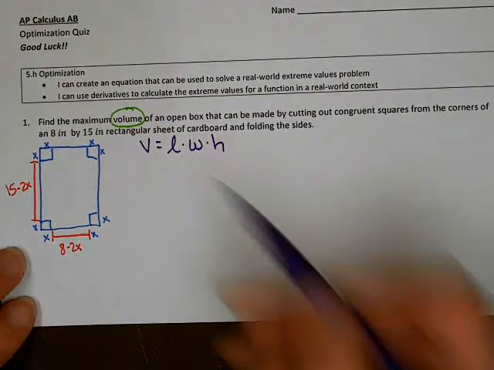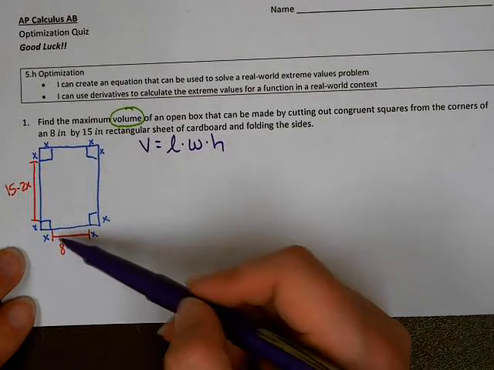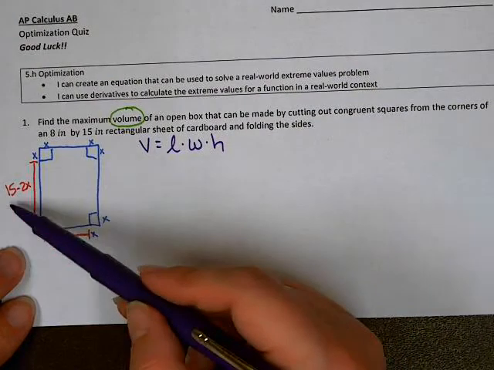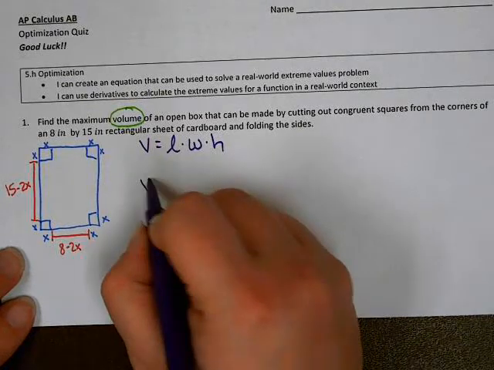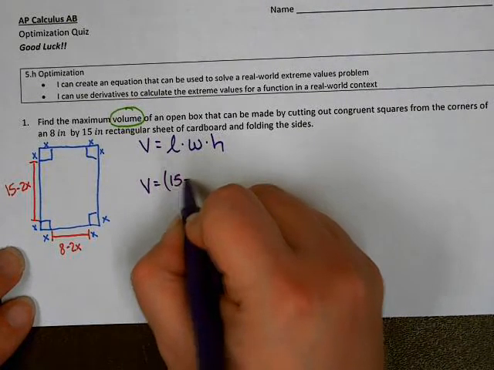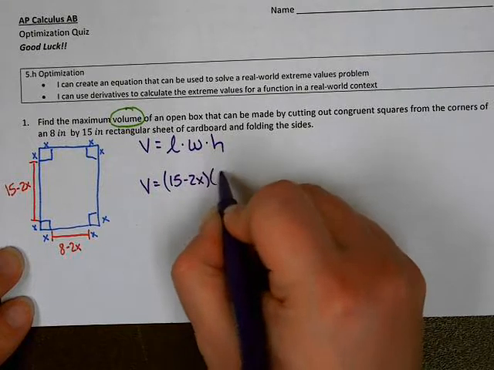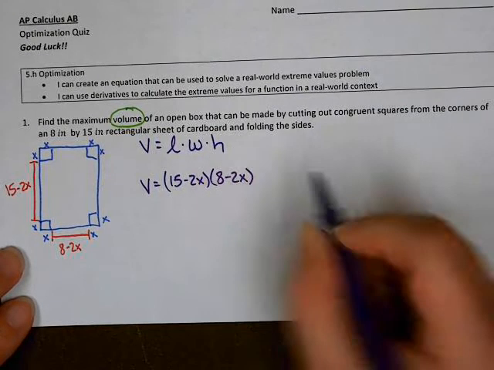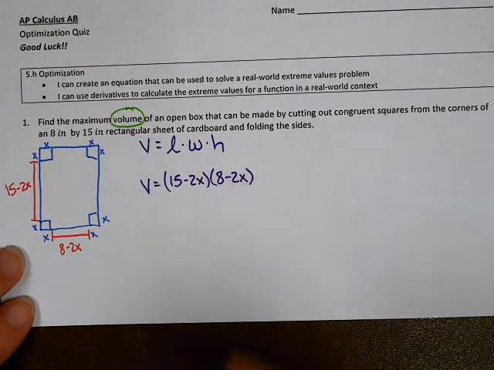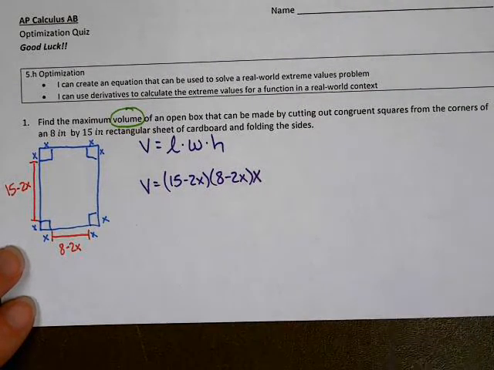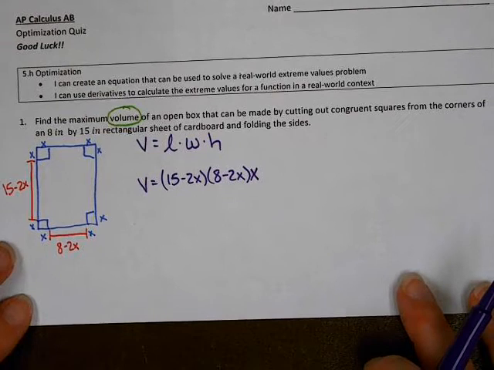Okay, well, the length and the width, it doesn't matter which one you label which, but that's the 15 minus 2x and the 8 minus 2x. So we're going to have 15 minus 2x times 8 minus 2x, and the height of our box is just x. It's whatever we cut off and fold up. Okay, so that's our volume equation.